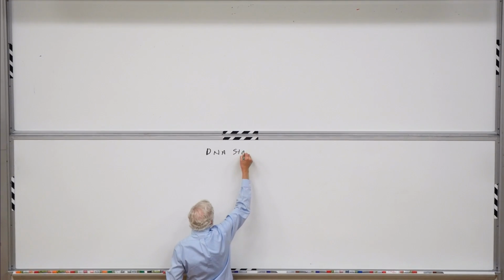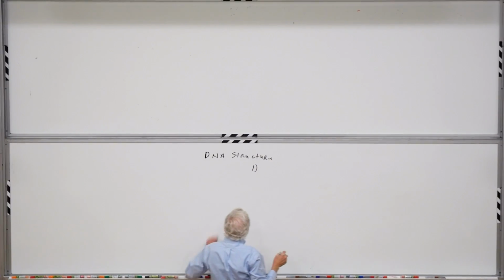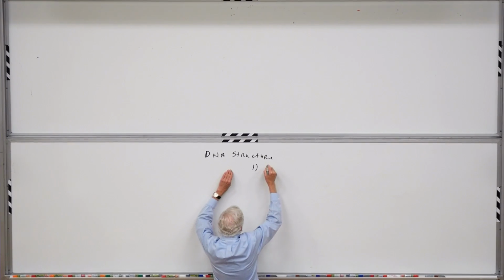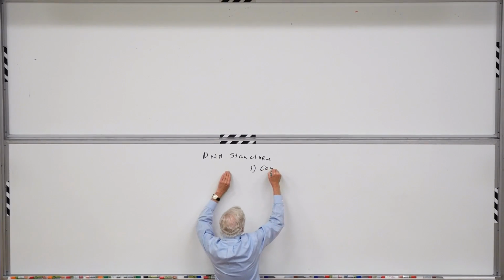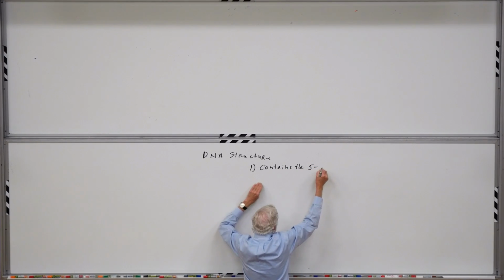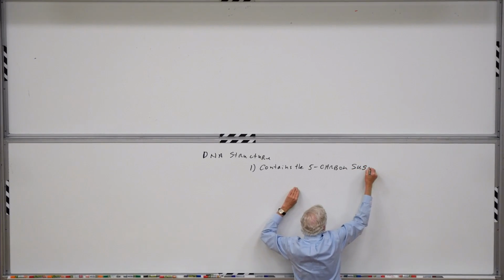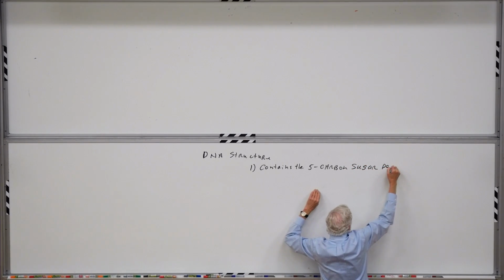structure. And we'll spell this out to say that DNA contains the 5-carbon sugar deoxyribose.